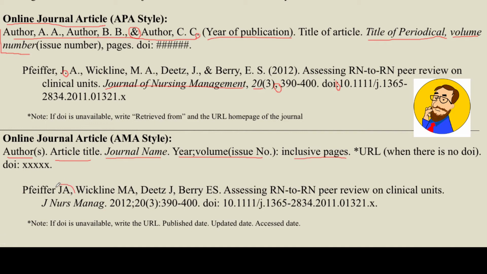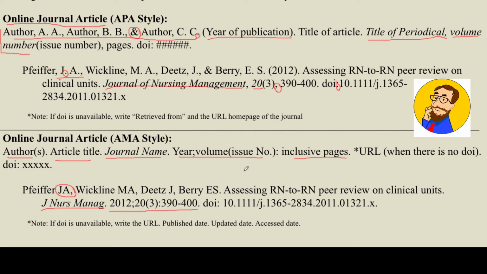For example, you can see the initials here in AMA format. There are no periods separating the initials and no comma separating the last name. The journal publication is abbreviated in AMA, and you can also see that there are slightly different ways of formatting the volume and the page number.